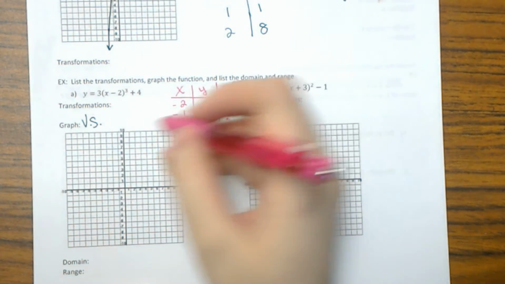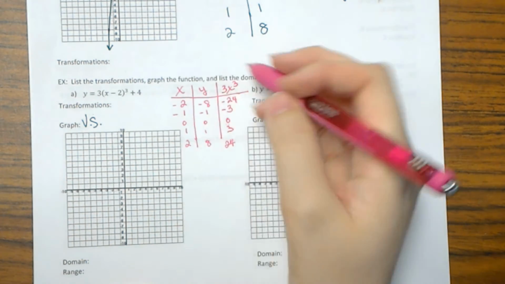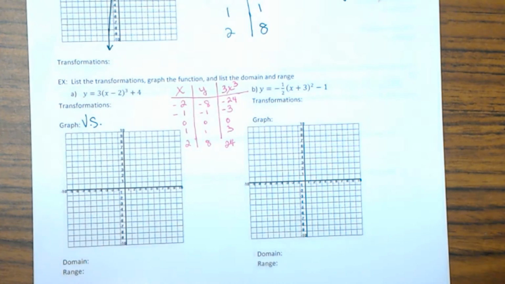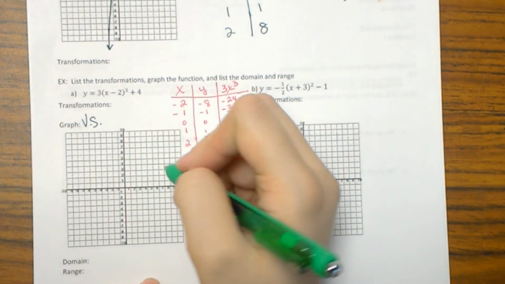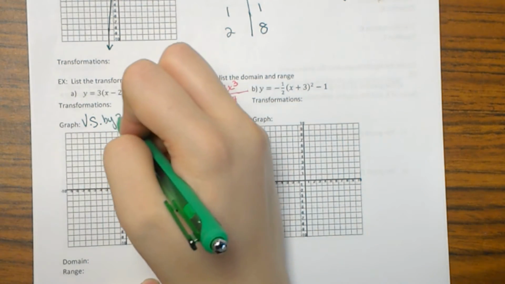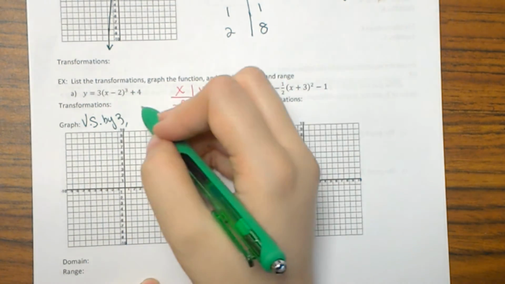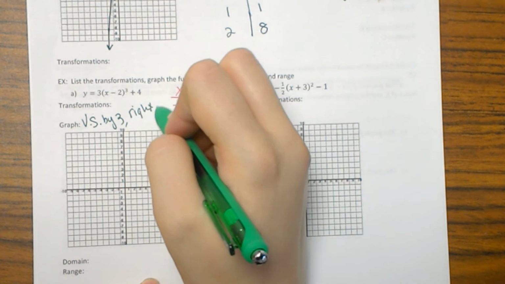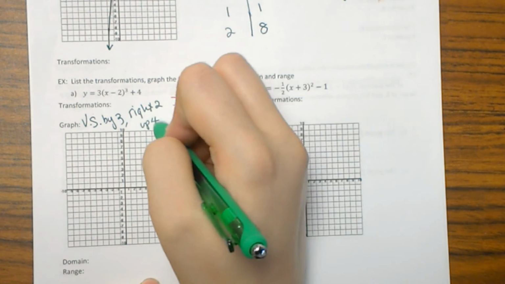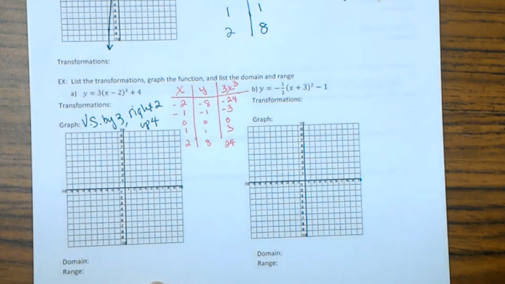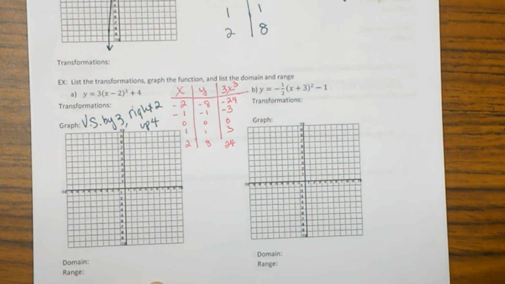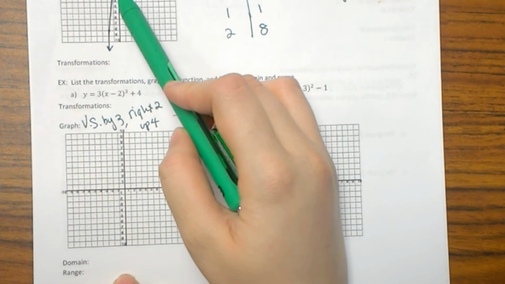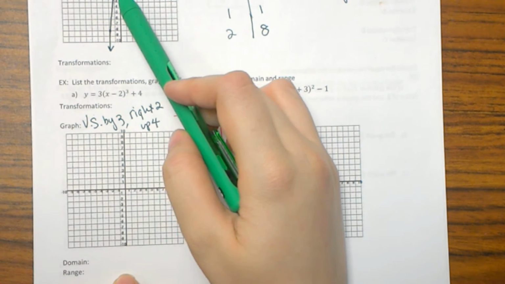But I also have some other things going on, so I can't really use this table. Vertical stretch by 3. Then if I subtract on the inside, that's making it go to the right. Right 2, up 4. So the first point I need to look at is my inflection point. The inflection point on the original is at 0, 0.